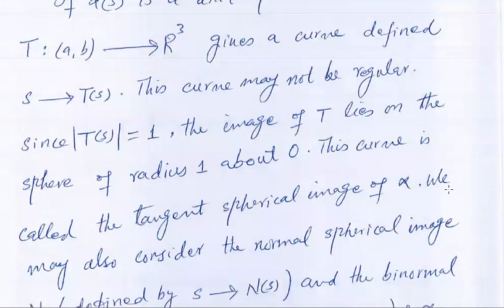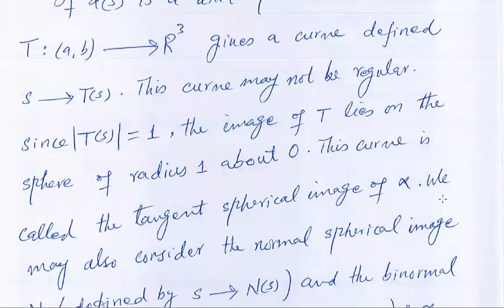Similarly, we can find N of s and consider it as a curve whose domain is (a,b) and whose image lies in R3. And in fact, the magnitude of N of s and also B of s is equal to 1.